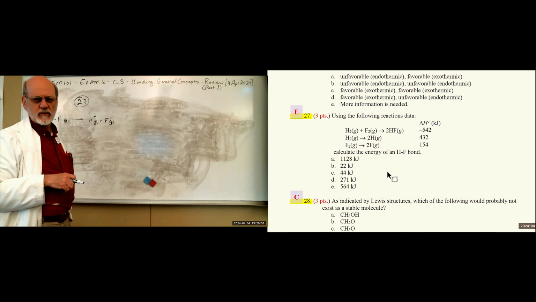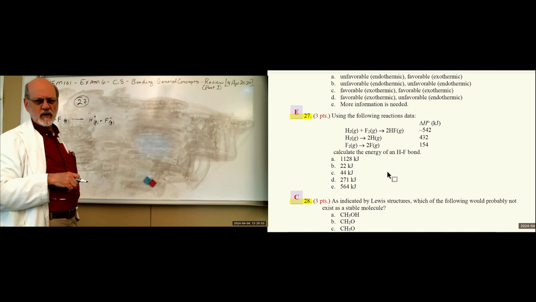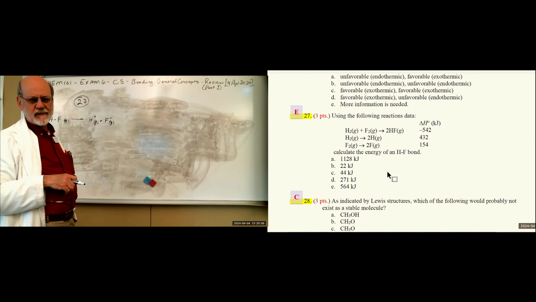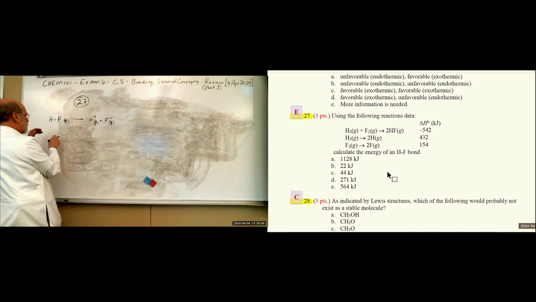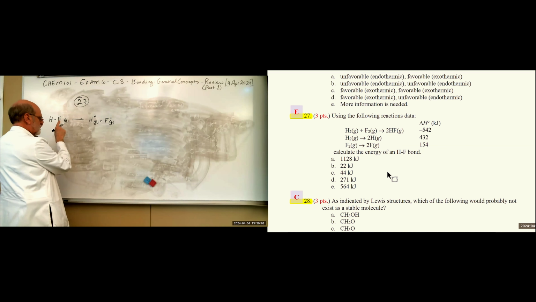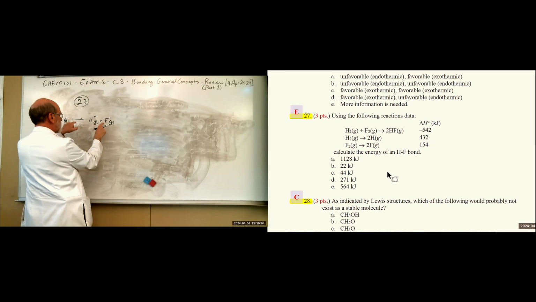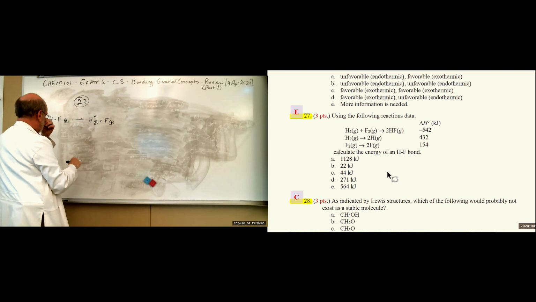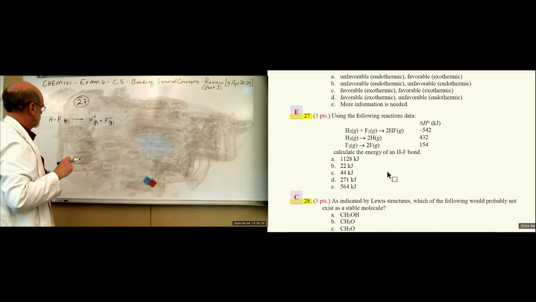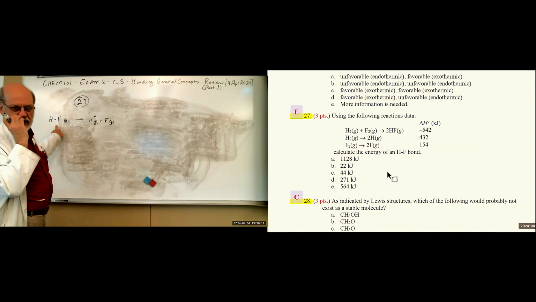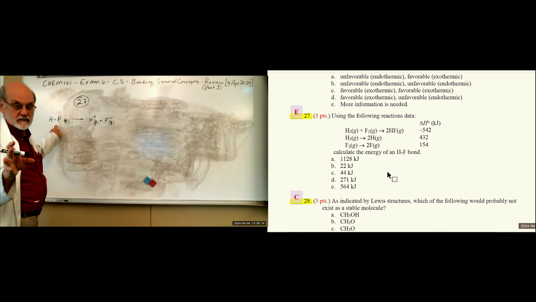So I think we're in Hess law territory here. This would be the energy of the bond. You have to put energy in to do that. So this would be our target. That's our target right there. Okay, what do we got going for us? HF gas, we got the second one, which needs to be reversed.